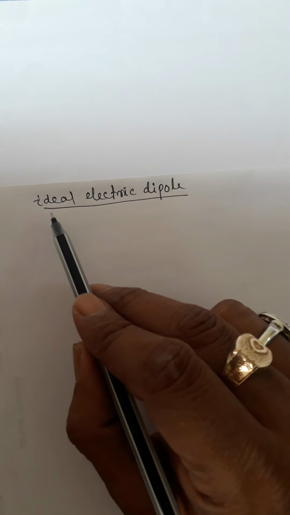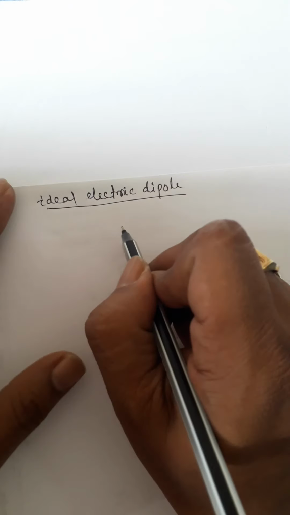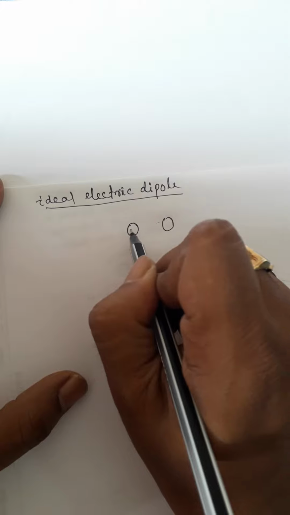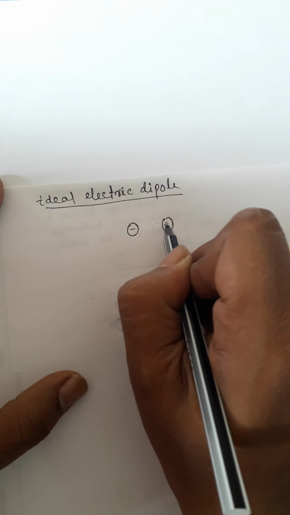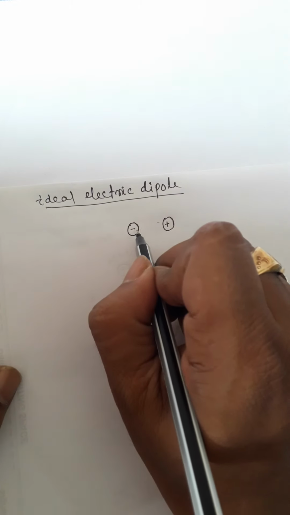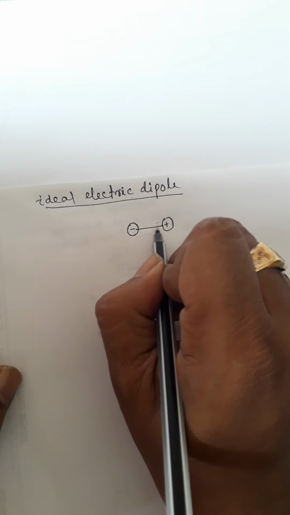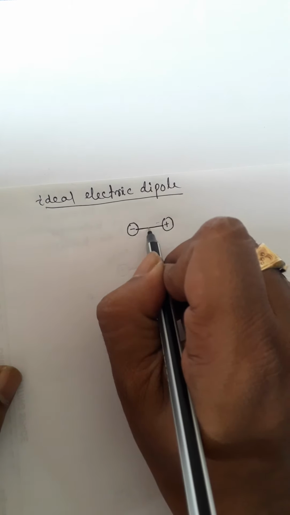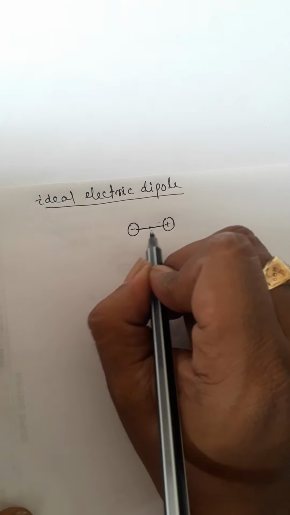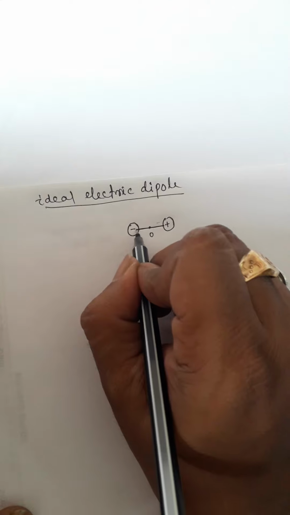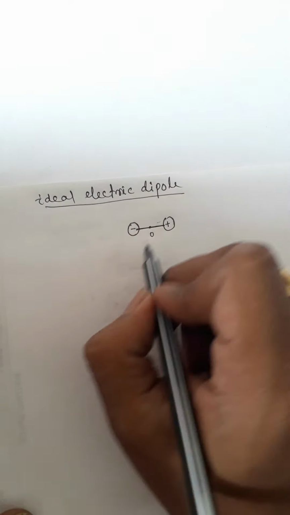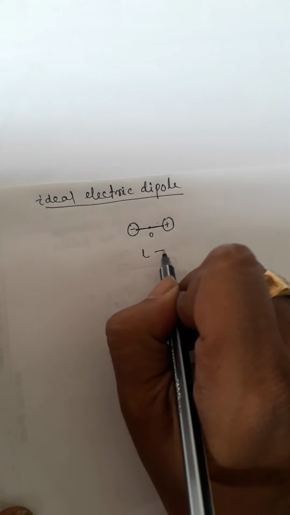Then what is an ideal electric dipole? If we consider a dipole, that means one negative charge and one positive charge, both equal in magnitude, there will be a separation, a distance between them. This is the center of the dipole. If the separation between the charges tends to 0, that means L tends to 0.